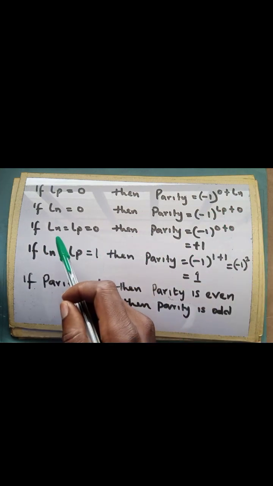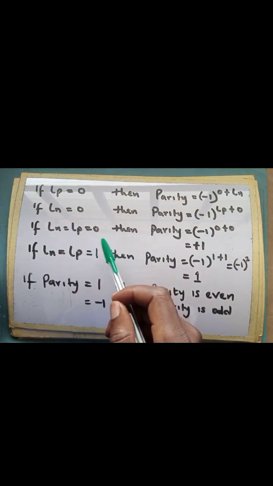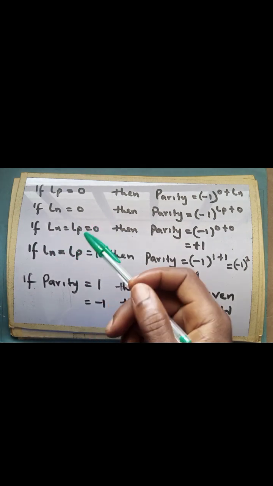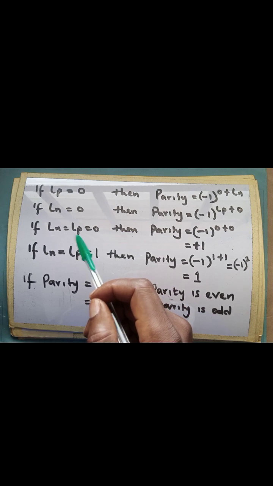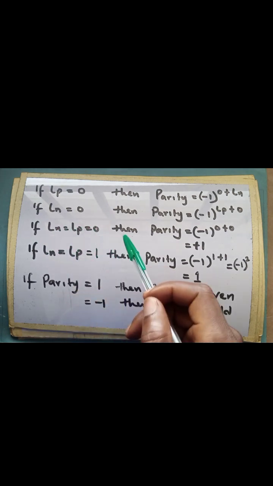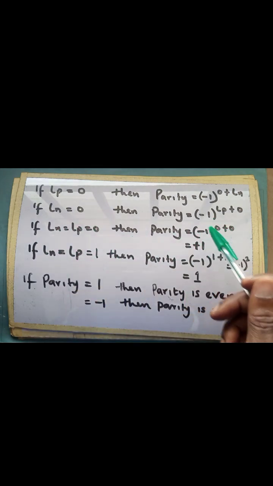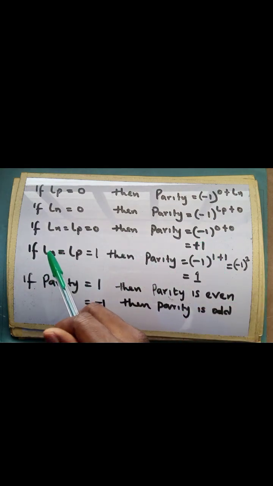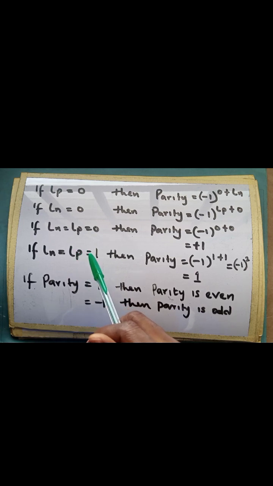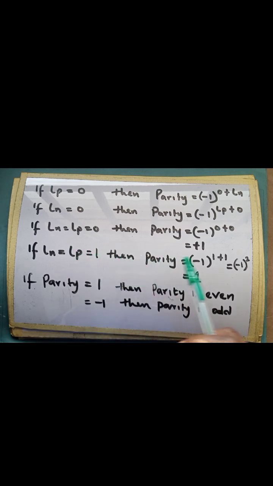If you have Ln and Lp both equal to 0, which implies that there are no unpaired neutrons and protons, then the parity is equal to 1. If the parity is 1, then the parity is even. If it is equal to minus 1, then the parity is odd.